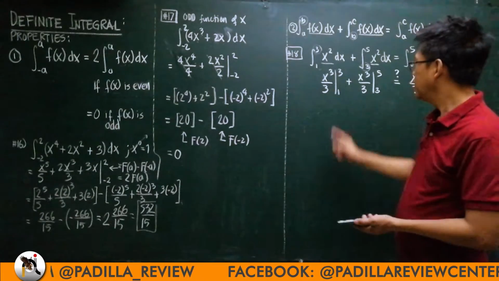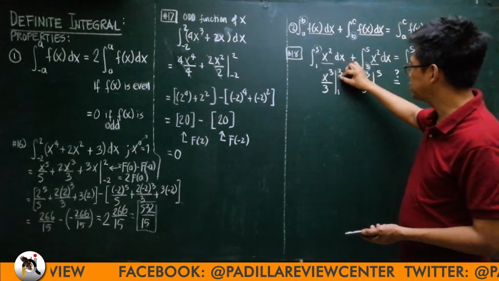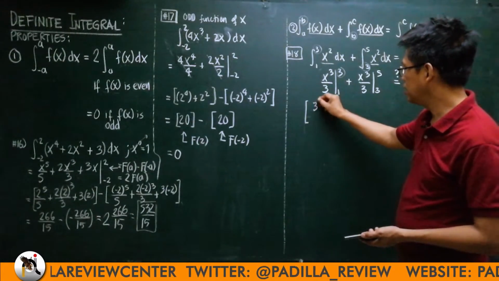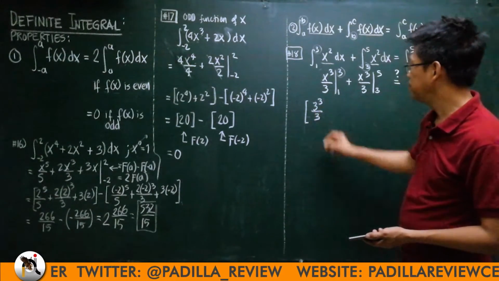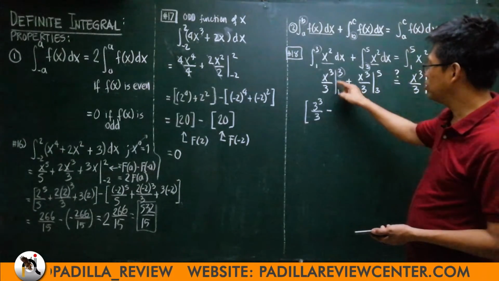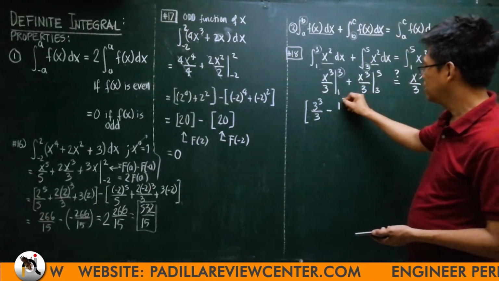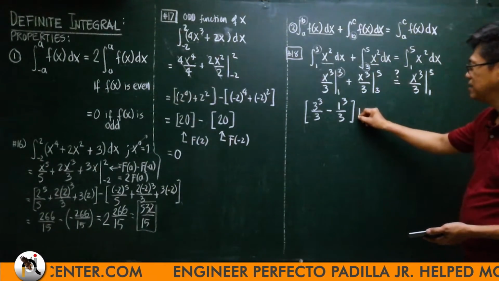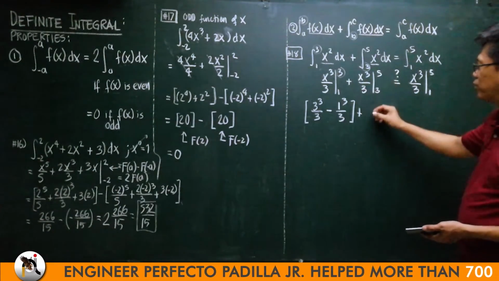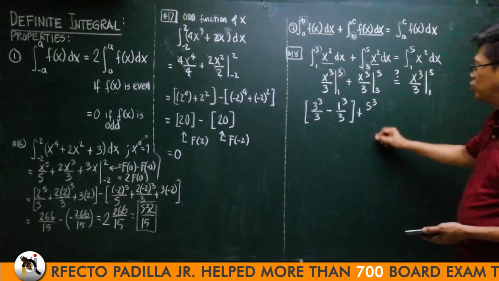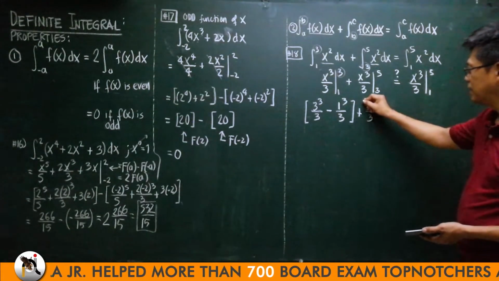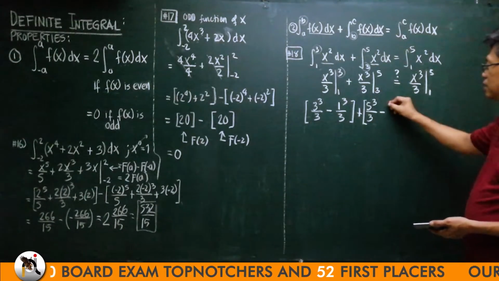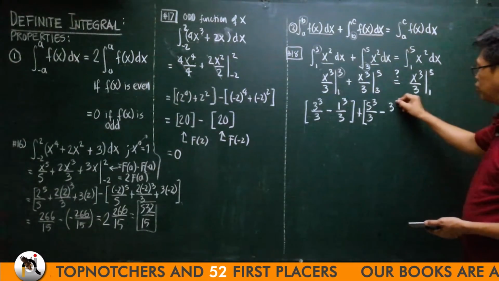Let's see. Substituting 3 for x, you have 3 cubed over 3 minus, substituting 1 for x, 1 cubed over 3. Plus, substituting 5 for x, 5 cubed over 3 minus, substituting the lower limit 3, 3 cubed over 3.